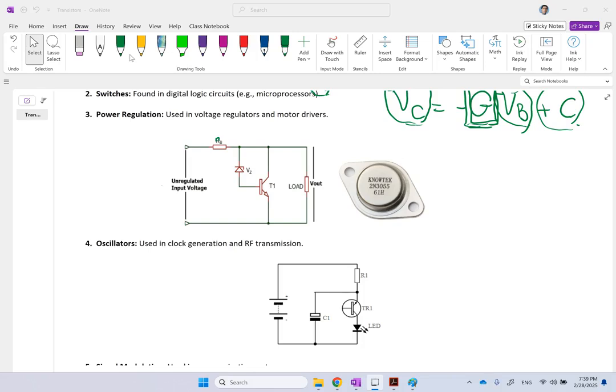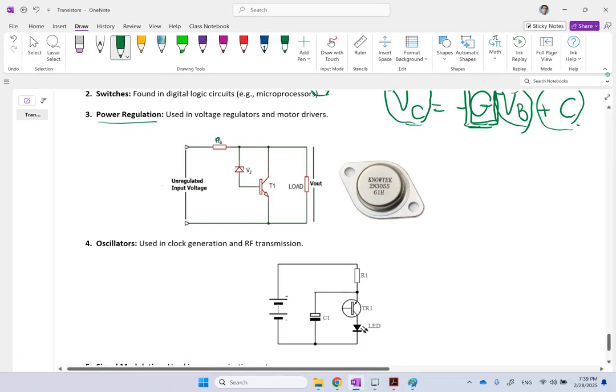The three other applications that I want to briefly mention, and I don't want to get into depth of them because each one needs its own lecture or video. One is power regulation in places that you need voltage regulators, like motor drivers, consumer electronics, charging stations, stuff like that. You can use transistors just like what we did with a basic regulator with a Zener diode and a resistor, if you watch my diode lecture.